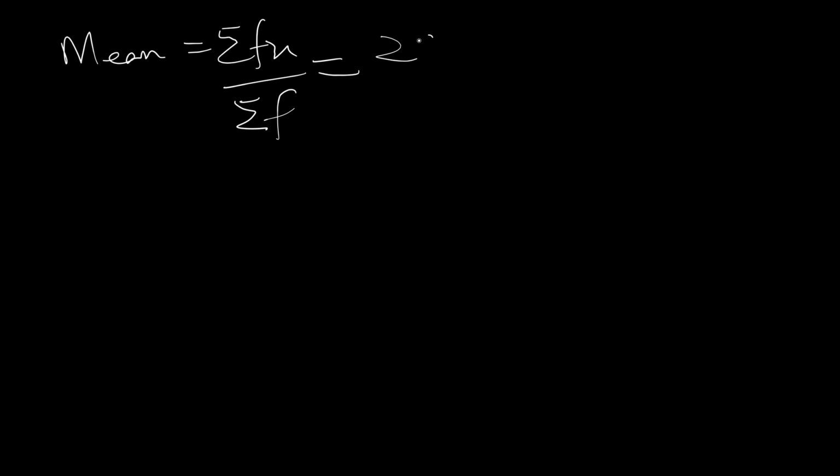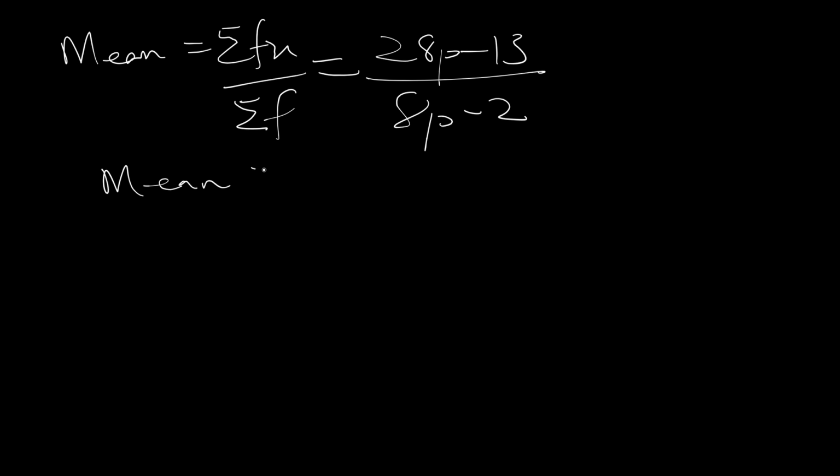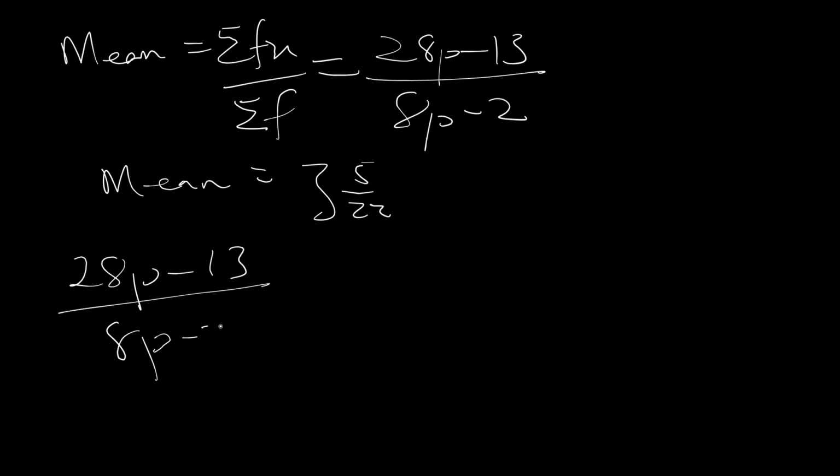And we know that our mean is equal to the sum of fx over the sum of f. And this is equal to the sum of fx, which is 28p minus 13, all over the sum of f, which is 8p minus 2. But we know that our mean is equal to 3 whole number 5 over 22.